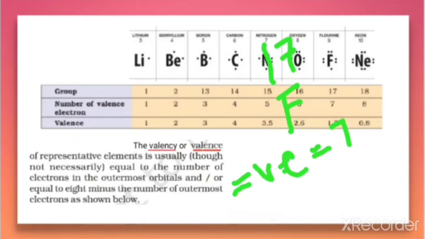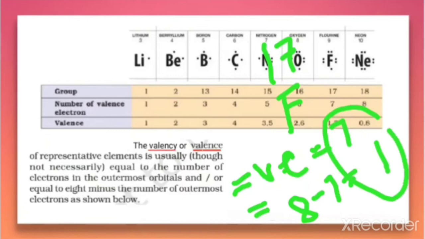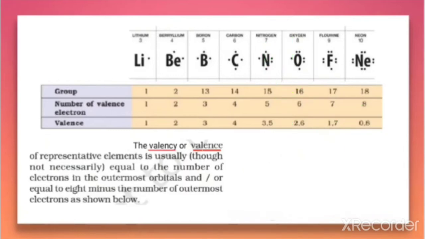So valence electron is equal to 7, so it can show 7 valency. But it shows another valency, that is 8 minus the valence electron, that is 8 minus 7, equal to 1. So what are the two valencies? 7 and 1. Check here, it shows 1 and it also shows 7.